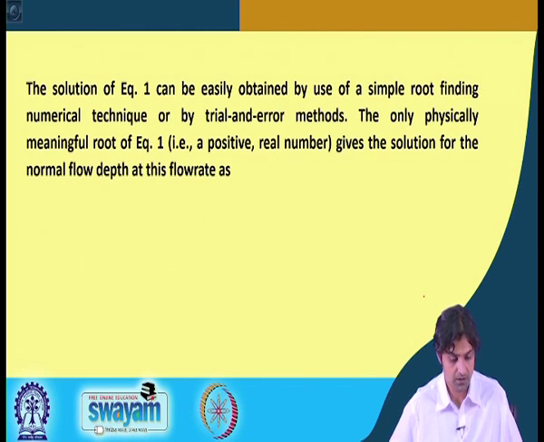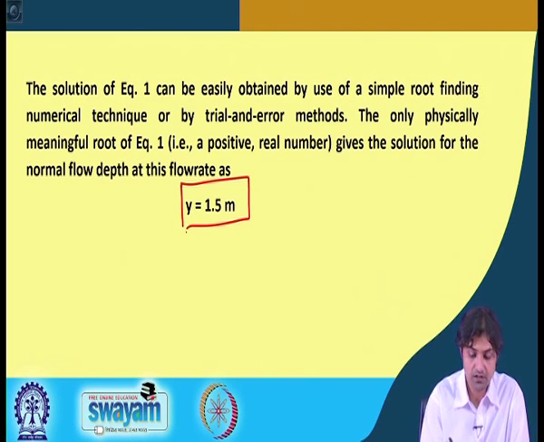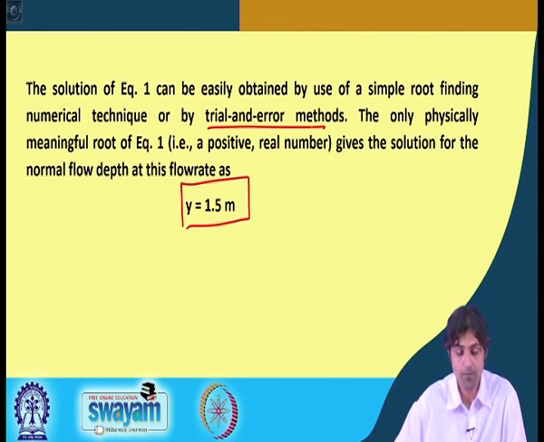The solution of the equation can be obtained easily by use of a simple root finding numerical technique or by trial and error methods. The only physically meaningful root of the equation gives the solution for the normal flow depth for this flow rate.